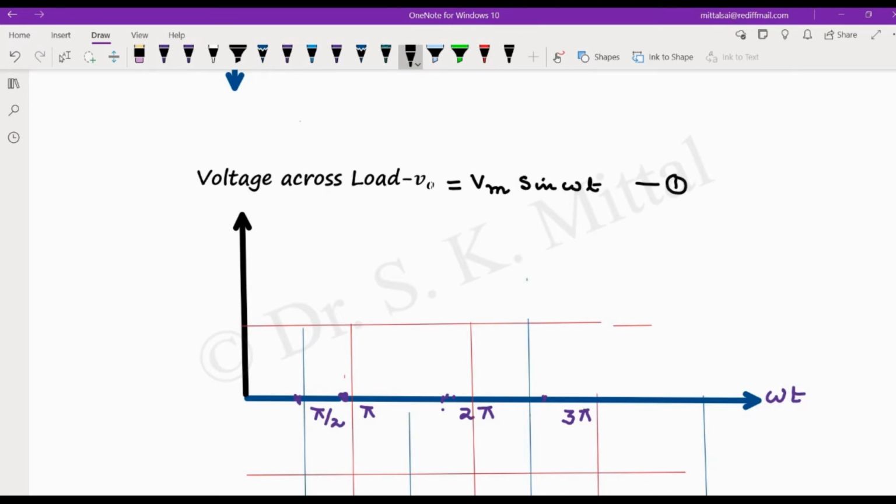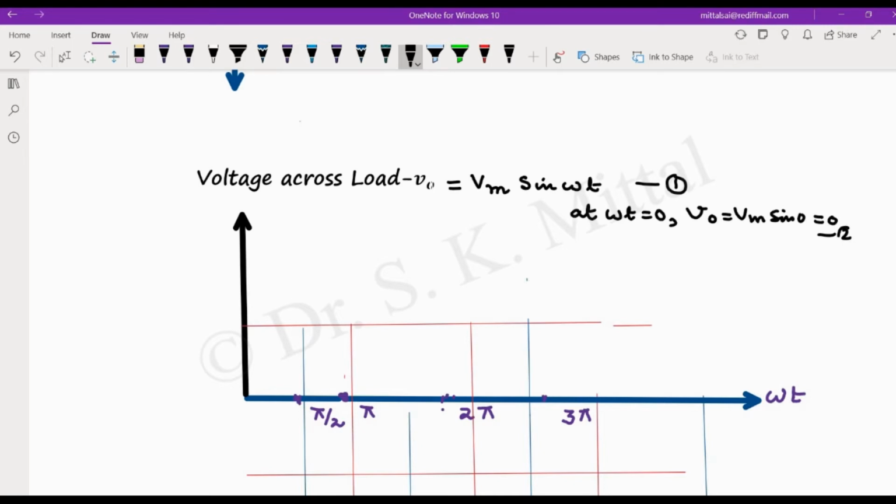First of all, we will calculate the value of this voltage V0 at different points. First, at omega t is equal to 0. If omega t is equal to 0 is put in equation number 1, then V0 is equal to Vm sin 0, which is equal to 0.